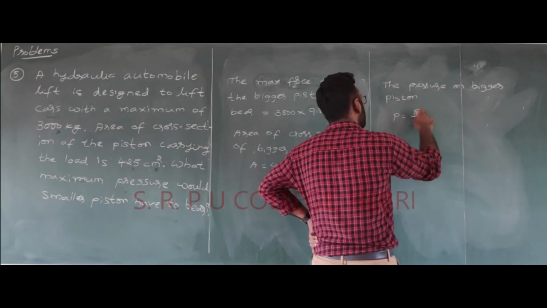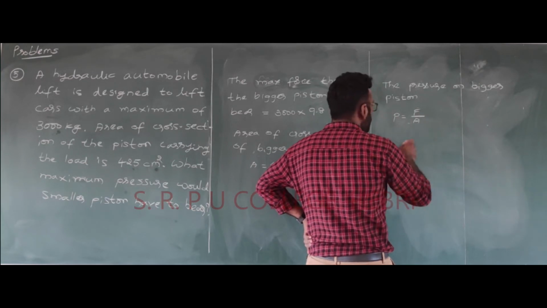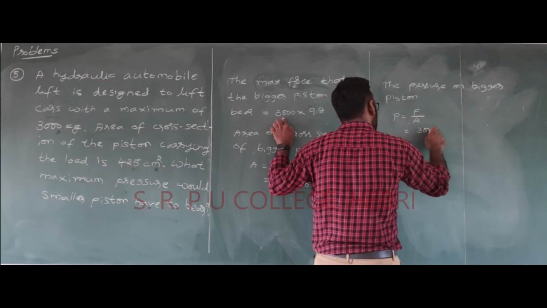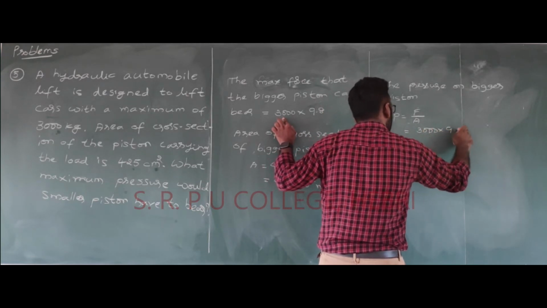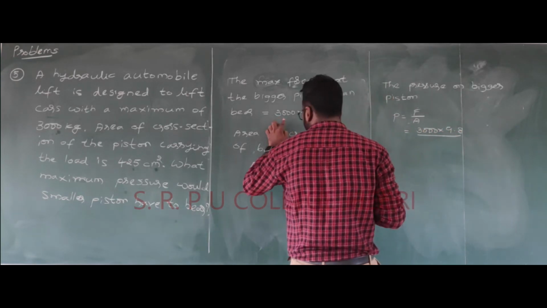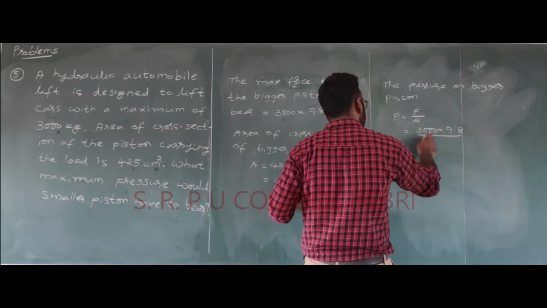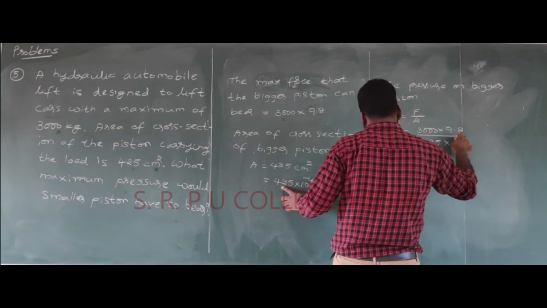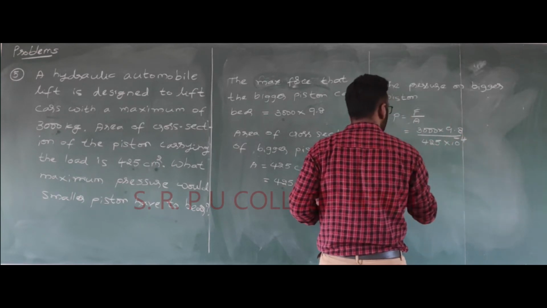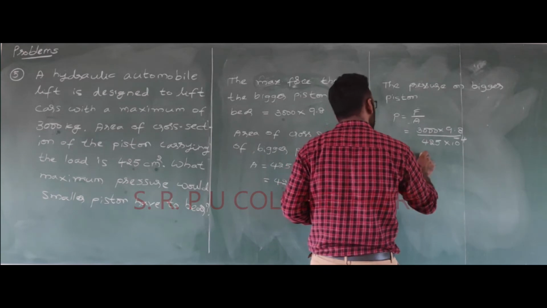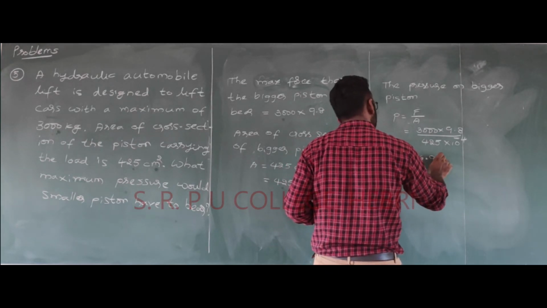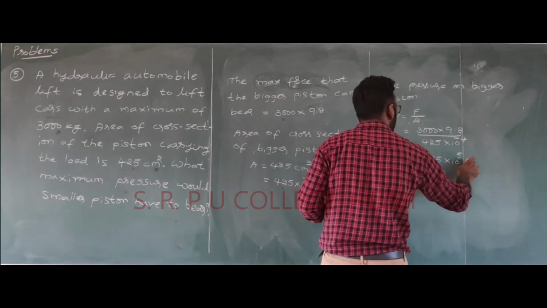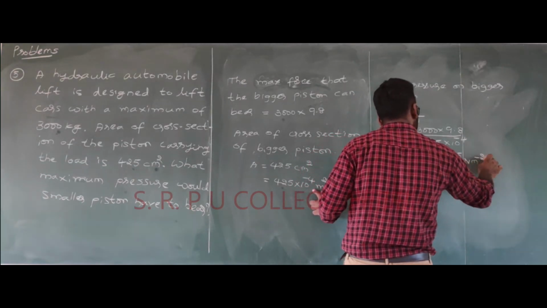P is equal to F divided by A. So we can write F, the value is 3000 into 9.8, divided by the area that is given, 425 into 10 to the power minus 4. So do the calculation, you will be getting a value. Calculate and see how much it comes. It is about 10 to the power 5, Newton per meter square.